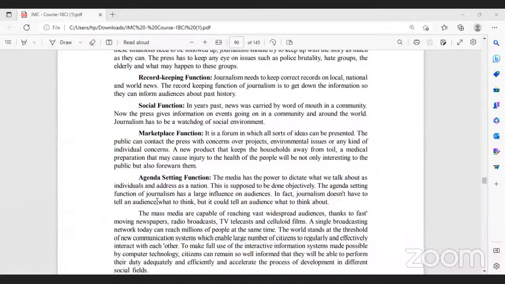This is how we can interact with the people and take the help of the press to raise grievances or concerns.